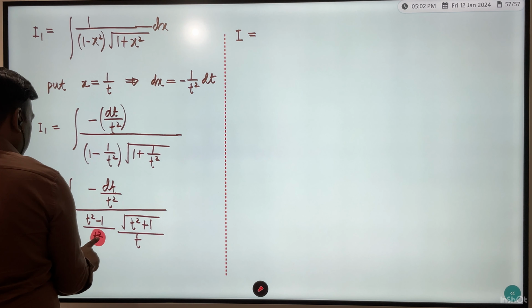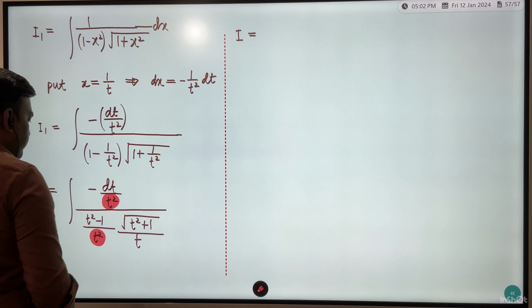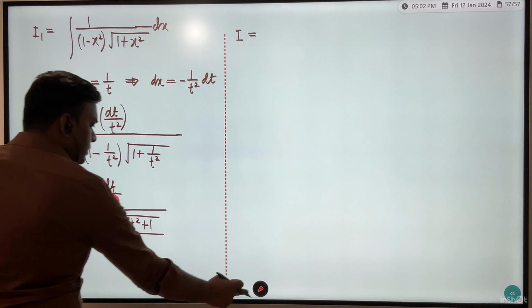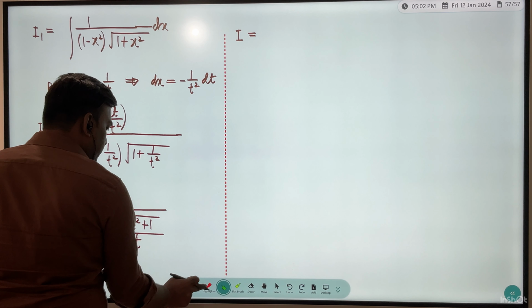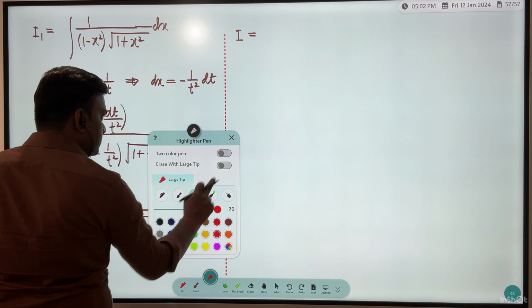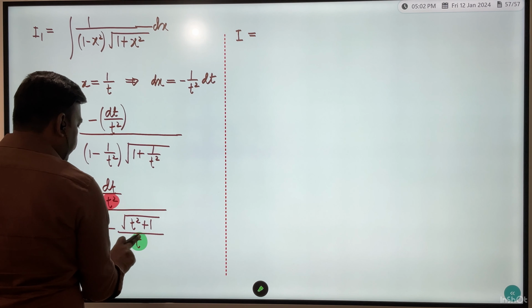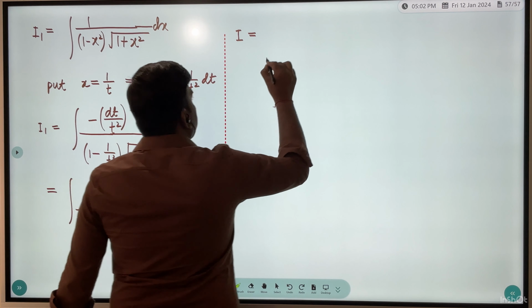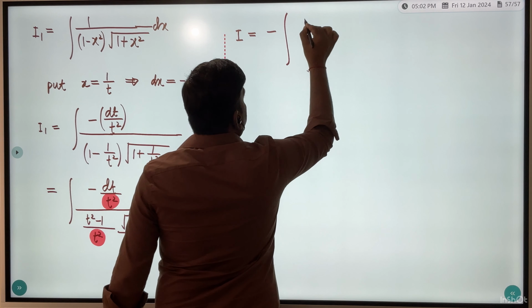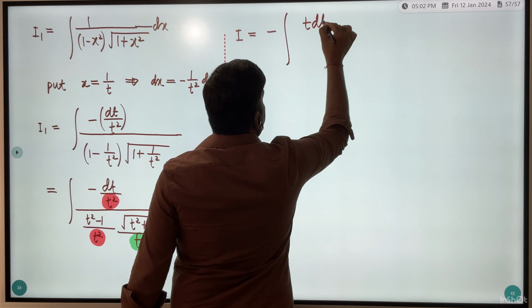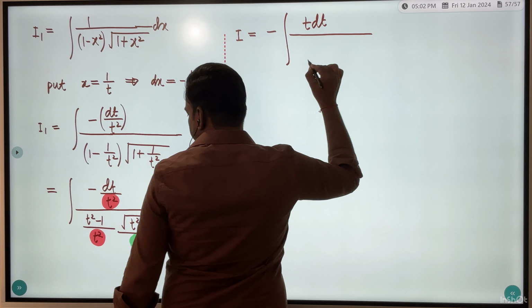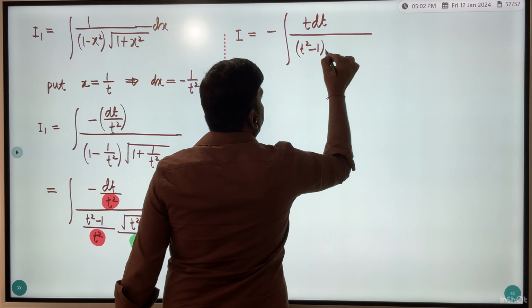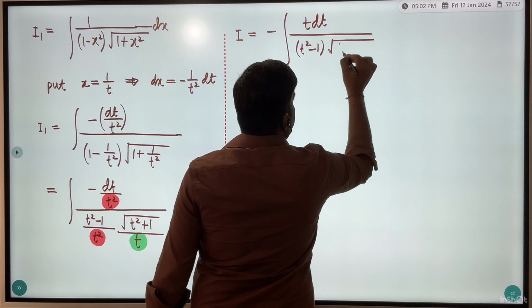And the next t will come into the numerator along with dt. So it becomes minus t dt divided by t square minus 1 into square root of t square plus 1.